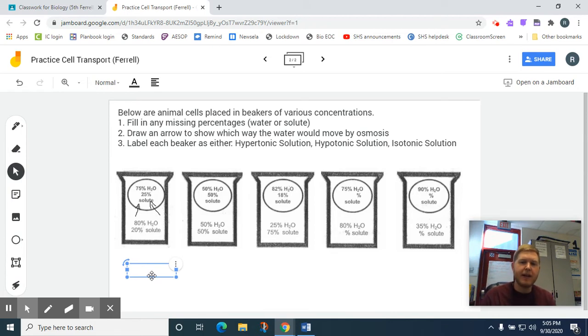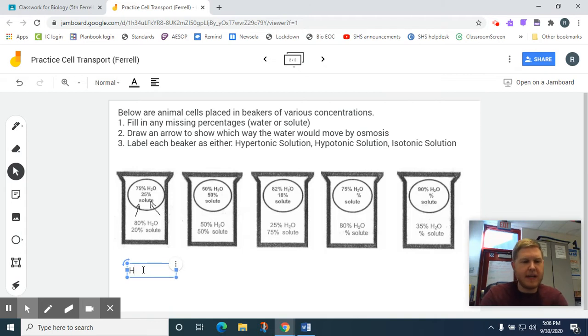The hypotonic, remember, we said hypo sounds like hippo, and hippos are big. And then isotonic, iso means the same. So things aren't going in or out, or they're going in and out at the same time. So the cell's getting big like a hippo.